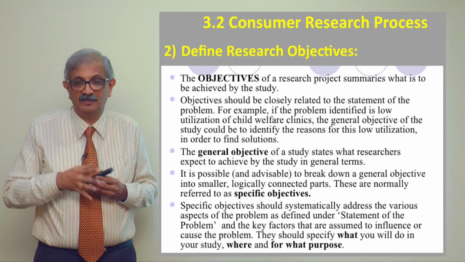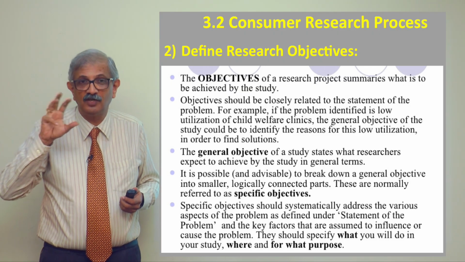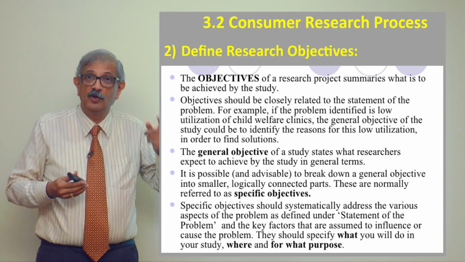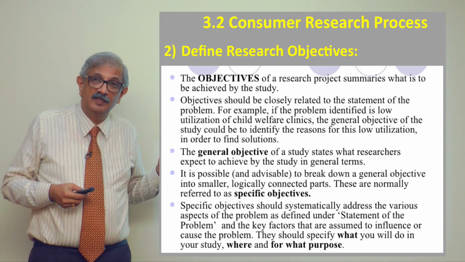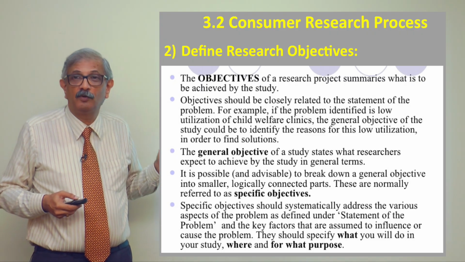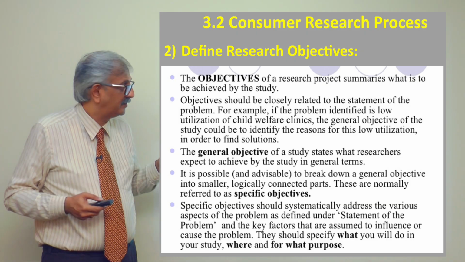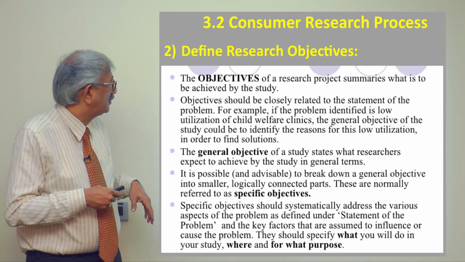Next, an important phase is the objective. Objectives have two classifications: general objective and specific objective. The objective emerges from your set marketing problem. Once you have defined your problem correctly, the main objective will come in.